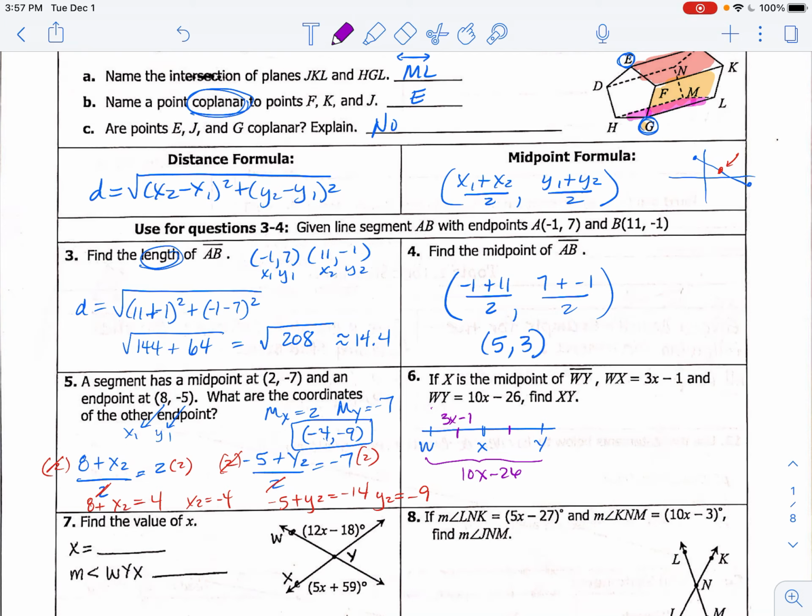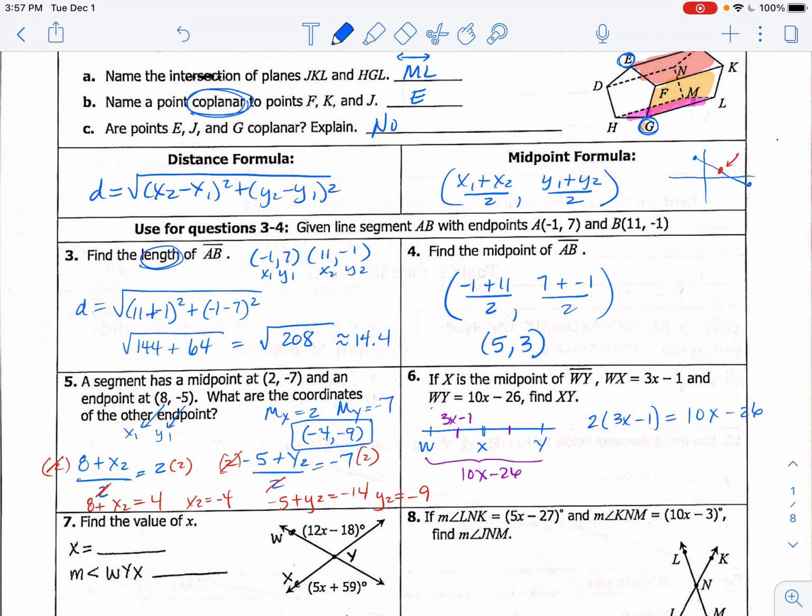Find xy. Okay, so let's see. I could double the wx measure and set that equal to the wy measure, because each of these pieces are the same length, so I have 2 of those pieces to equal the whole thing.